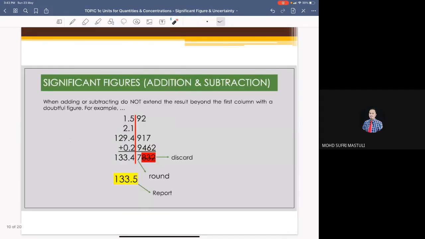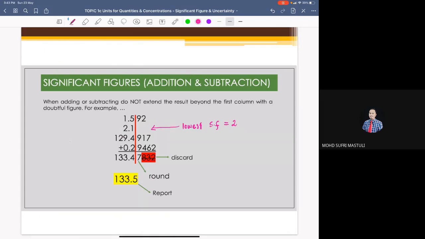Among these, the lowest significant figure is 2.1, which has one digit after the decimal point.